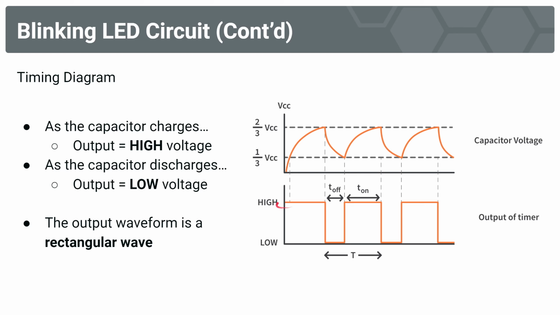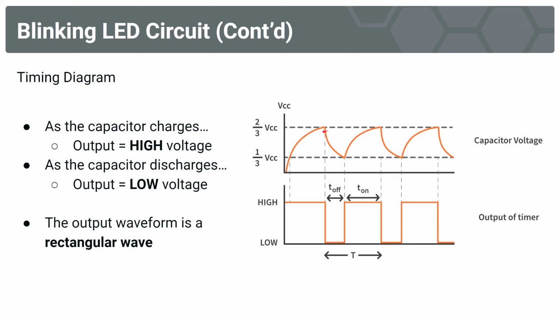The high voltage is going to supply enough power for the LED to stay on. As the capacitor charges now, the LED will continue to stay on this high pulse, and then the capacitor is going to reach the threshold point of 2/3 VCC, 2/3 of its full charge.